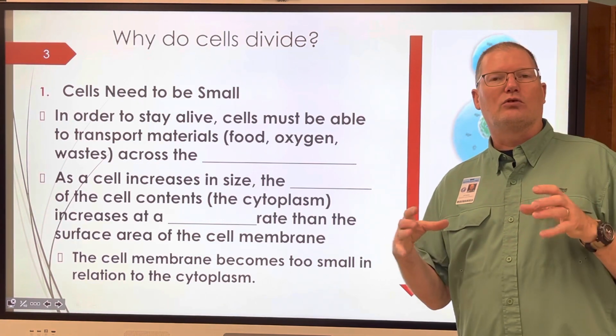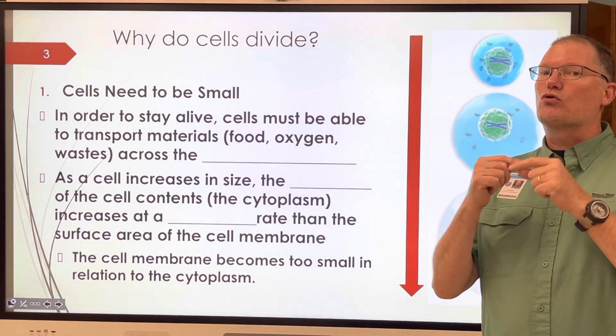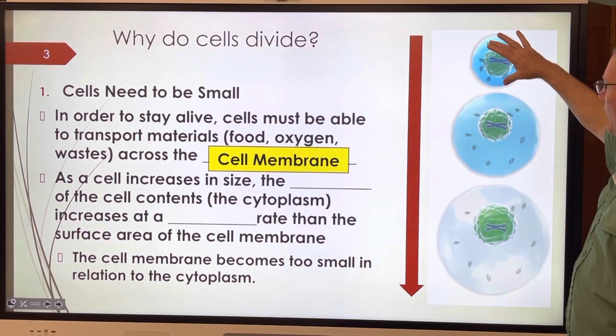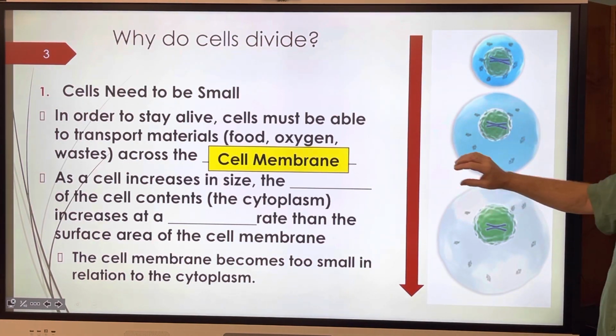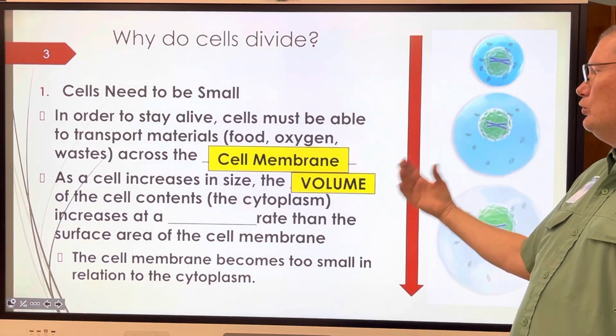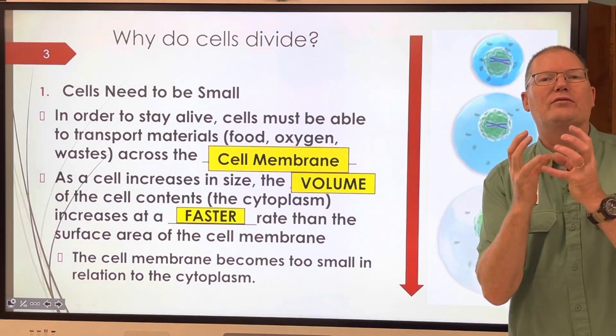So the cells don't grow that much. They have to grow a little bit and then they have to replicate themselves, right? That's because when a cell grows in size, its cell membrane starts to lose the ability to hold everything in.